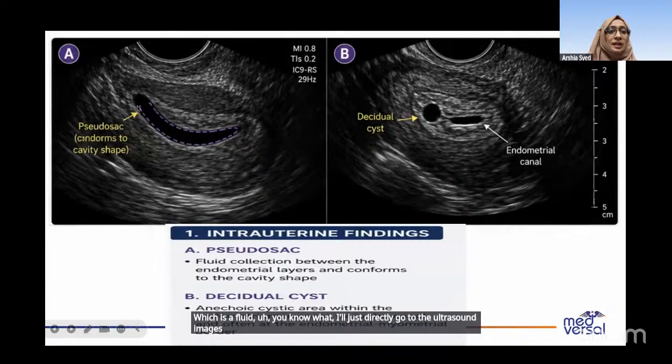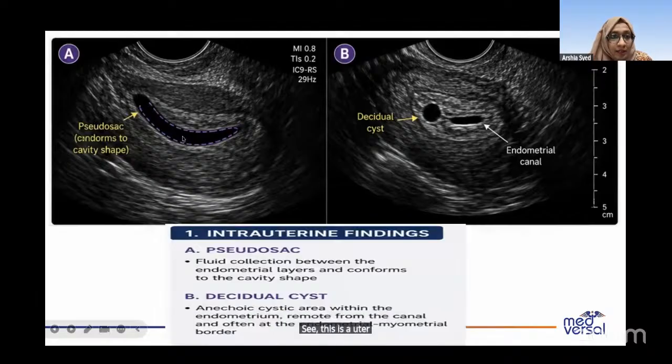Okay, so this is a pseudo sac. This is the uterus. This is the uterine cavity, but there has been a sac-like thing. Okay, you remember the sac that we saw previously? It was like a round eccentric sac. A regular round eccentric sac, but this is like in this form.